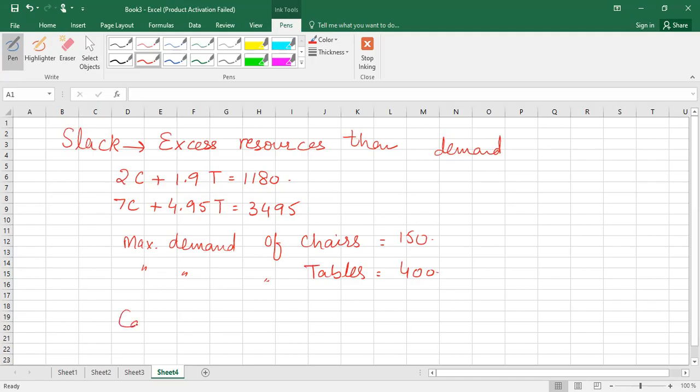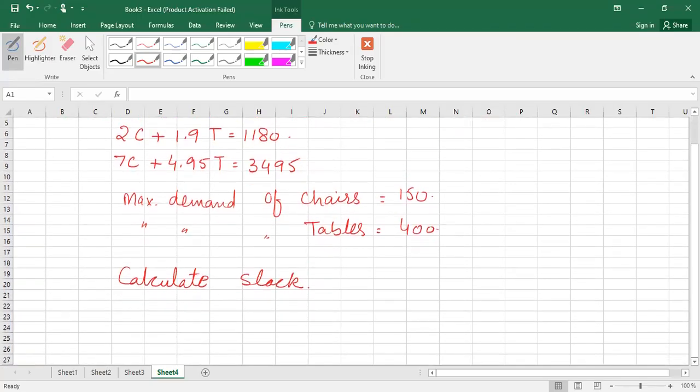Now we are required to calculate slack. Suppose we use this data in this equation: 2 into 150 chairs plus 1.9 into 400 tables. We have 300 plus 760, which is 1060.